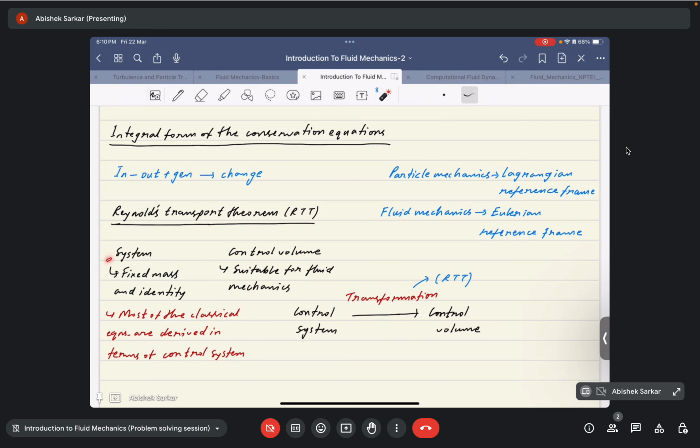These are laws of classical mechanics, and thus they are derived with respect to a particular mass having a fixed identity, so that the identity of the mass also does not change.